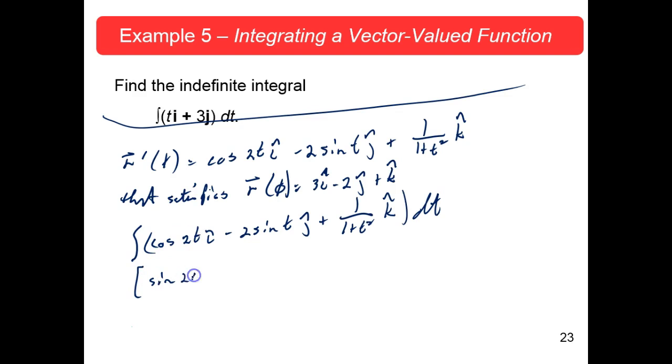Sine of 2t i, but you have something else there. Sort of a reverse chain rule type thing, right? Because it's not sine of t, it's sine of 2t. So it'd be 2 sine? No, if you're taking a derivative, it would be 2. Taking the antiderivative, you divide, not multiply. So that would be over 2.